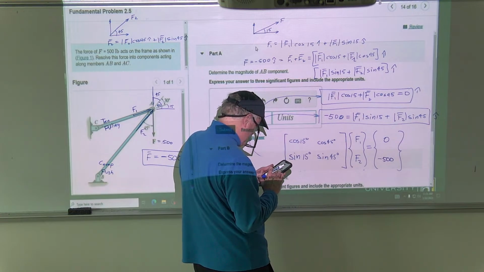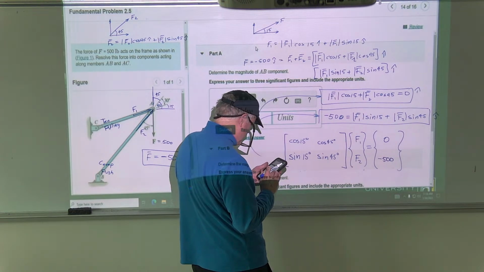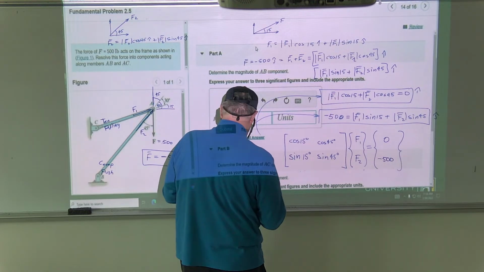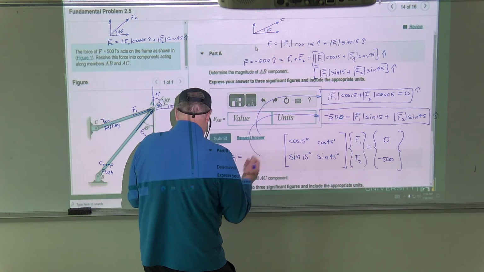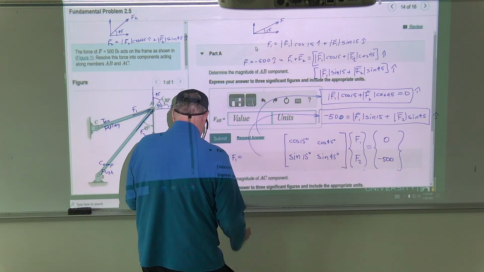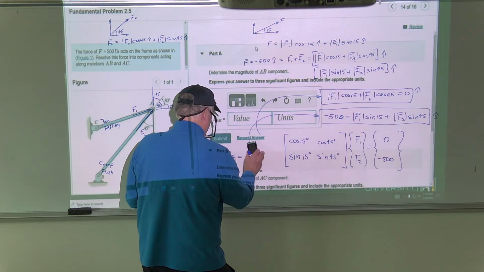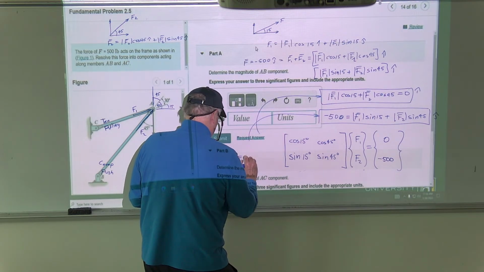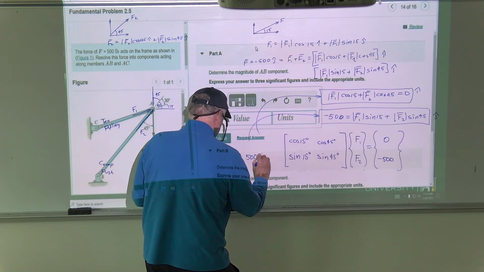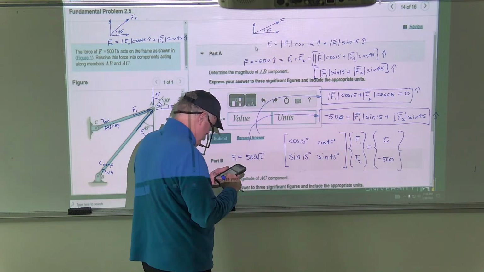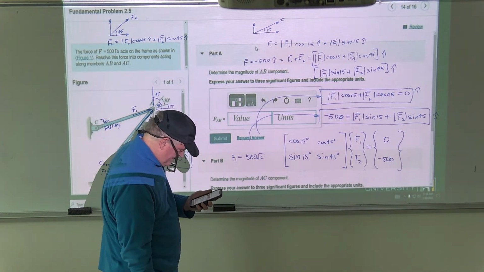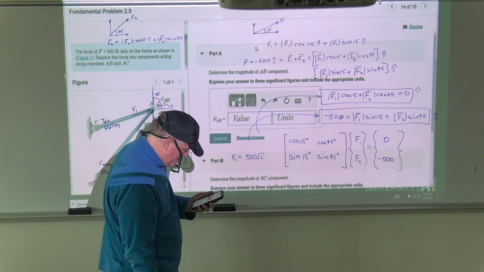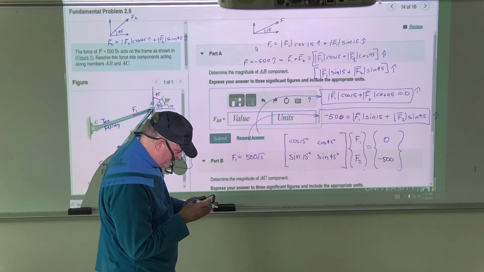It gave it to me, but it has a square root of 2 stuck in it. F1 equals 500 square root of 2. Why won't it give me the actual numbers?